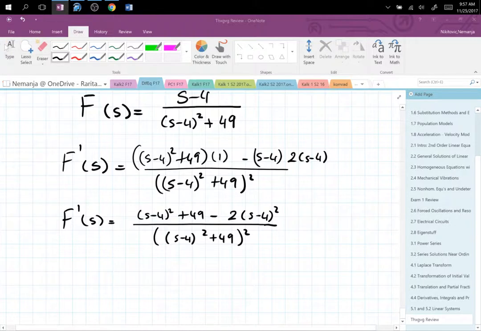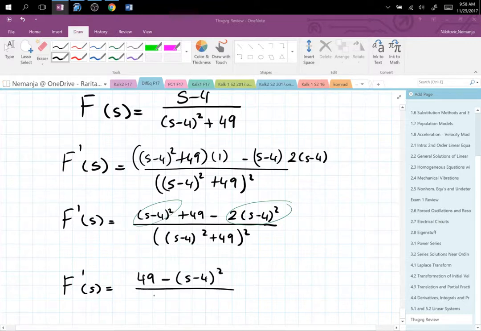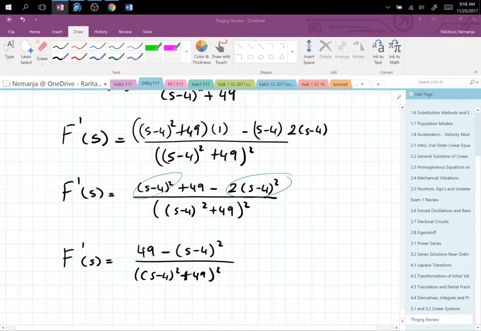And now you see that this and this combine because they are like terms, and you get that F prime of s is equal to 49 minus s minus 4 squared over s minus 4 squared plus 49, everything squared. And now you need to put the minus in.